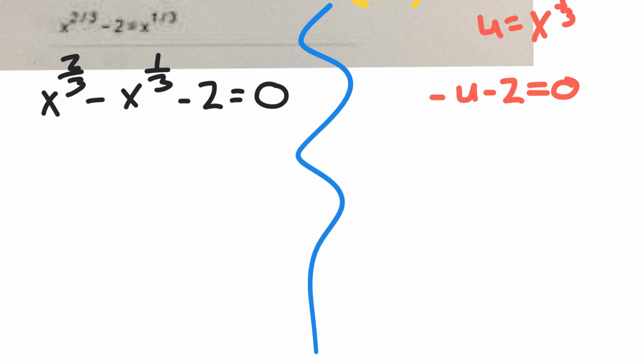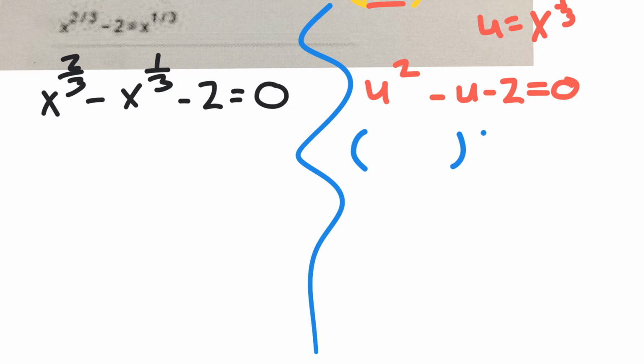So 1/3 times 2 gives 2/3. I'm just rewriting its form. But now I know it's x to the 1/3 squared. Instead of saying x to the 1/3, I'm calling that u. So I could think of this as being u squared. So now I have u squared minus u minus 2 equals 0. And then you just factor it.